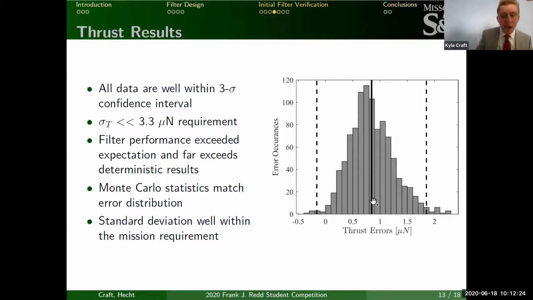In fact, if you add the bias represented by differences in our dynamics and the 3 sigma confidence interval, our entire error distribution is below that 3.3 micronewton threshold. And moreover, we see that the distribution shown in our errors is accurate to what our filter realizes the 3 sigma confidence interval is. So we say that our thrust estimate is consistent and accurate to meet the mission requirements.